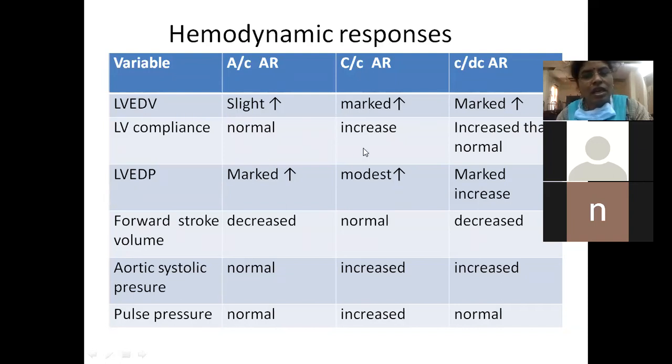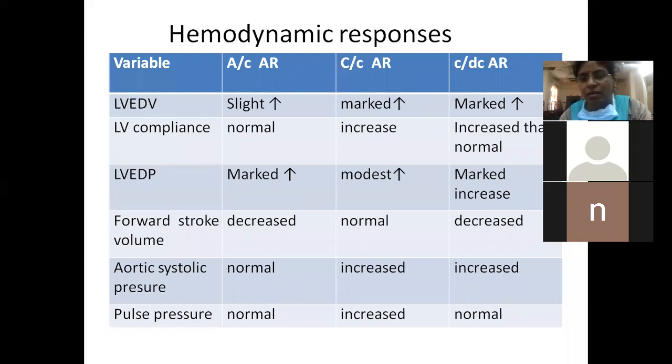LV compliance is increased in both conditions. But what happened to the end diastolic pressures? Left ventricular end diastolic pressures are mildly increased, but with normal compliance the patient is able to maintain the cardiac output or stroke volume here.